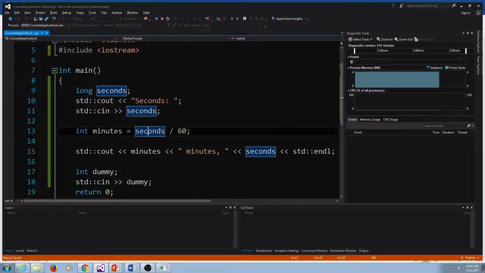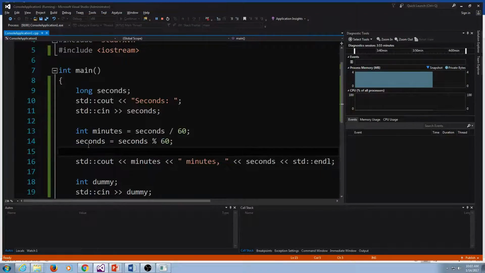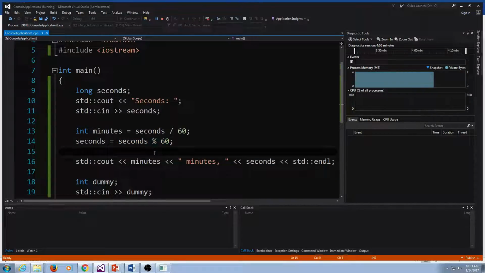How do I get the amount of seconds left over from this operation? I do the modulus of 60. This operation will change this from 181 into 181 modulus 60. 181 modulus 60 is equal to 1, because that's the remainder of that division operation.